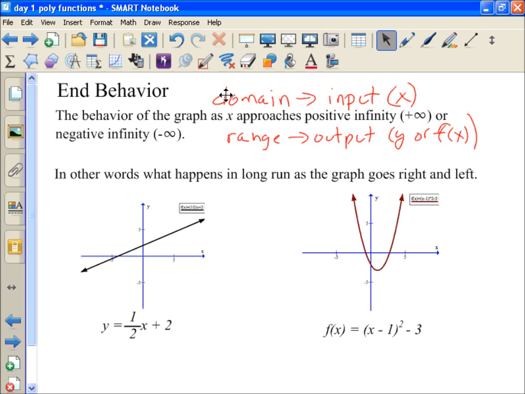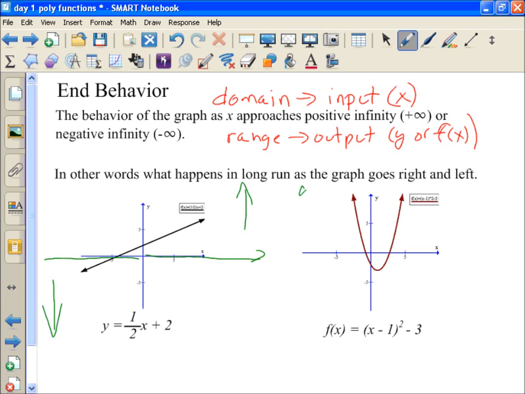So the end behavior is saying, hey, as x keeps getting bigger and bigger and bigger, what happens to the graph? So let's look at this line. As x gets bigger and bigger and bigger, what does the y do? Well, it goes up. On the other hand, as x gets smaller and smaller, what does the y do? It goes down.